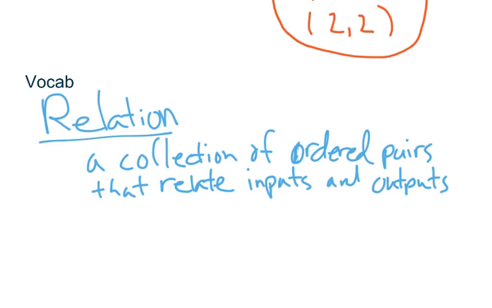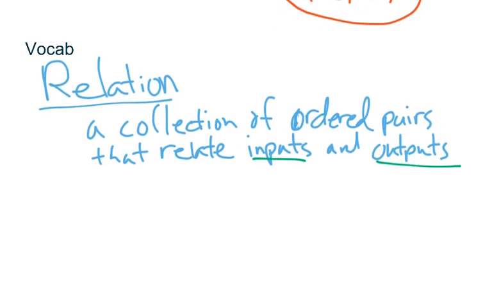Now, obviously, I don't know if I made things any clearer because I've now introduced a couple other words here. But essentially, a relation is just a set of x, y points. And that's what I mean by inputs and outputs.